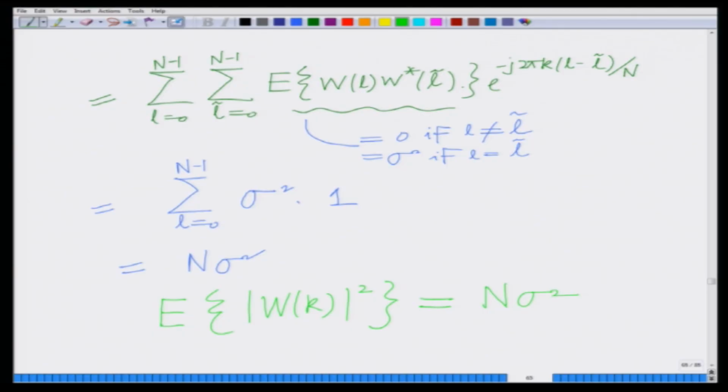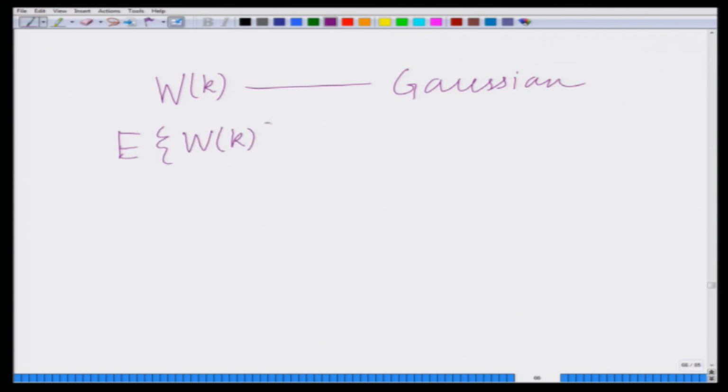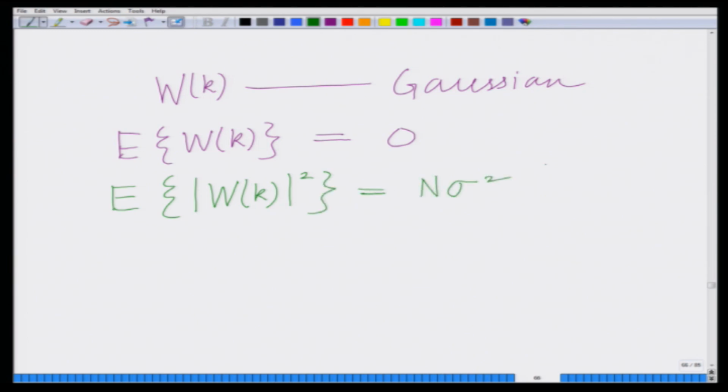Therefore, the noise at the output of the FFT, each W_k, is Gaussian, the expected value of W_k equals 0, and the variance of the noise, that is the expected value of magnitude W_k square, is equal to n sigma square. So, we have characterized the noise variance at the output of the FFT.